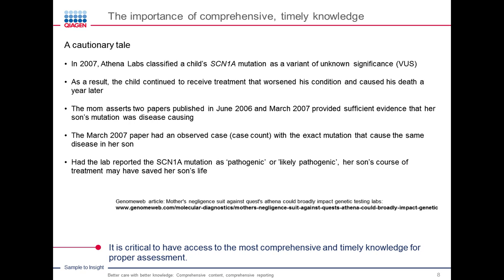And her claim was that had the lab had access to this knowledge, they probably would have classified that mutation as pathogenic or likely pathogenic. And if that had happened, then the physicians might have altered the course of the treatment for her son, and her son might still be alive.